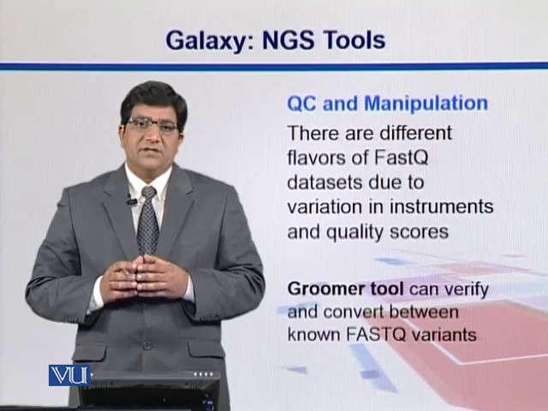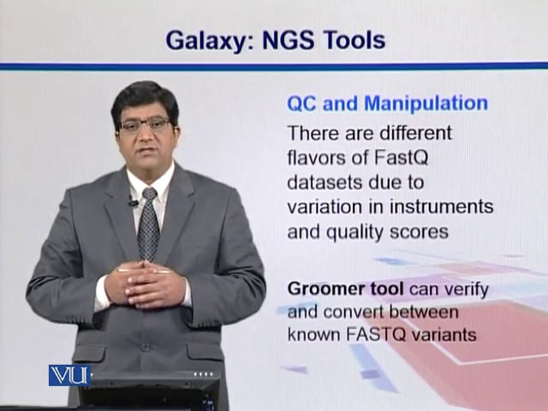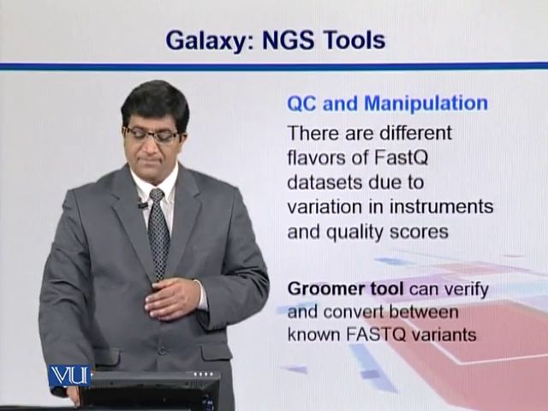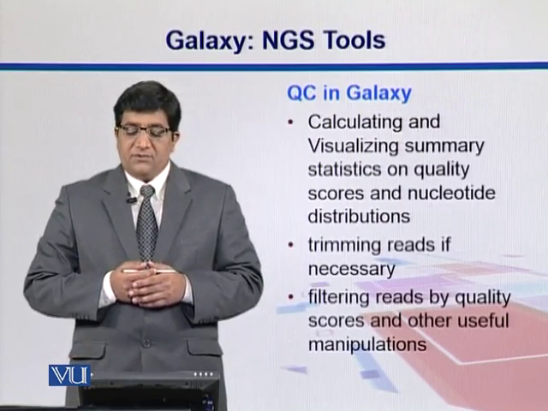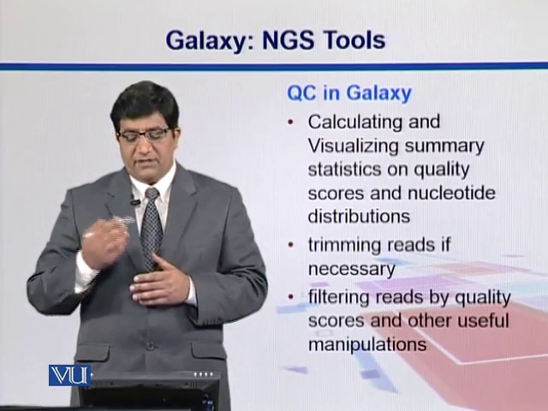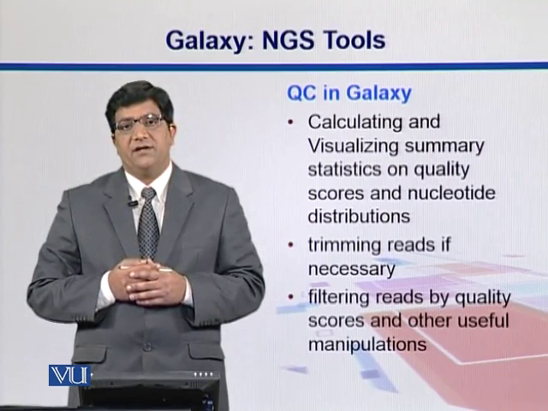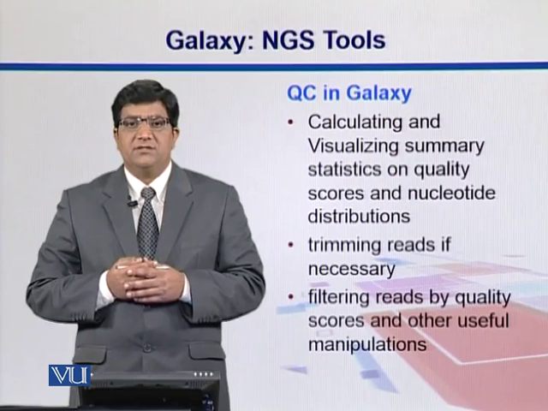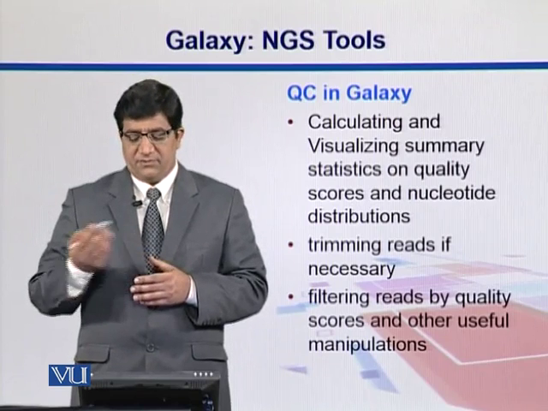So there is a facility called Groomer, which can be used to convert between different FASTQ variants. You can calculate and visualize the summary statistics based upon your read qualities, and wherever you find the reads are doing badly in terms of their quality, you can trim them, or you can filter them out.